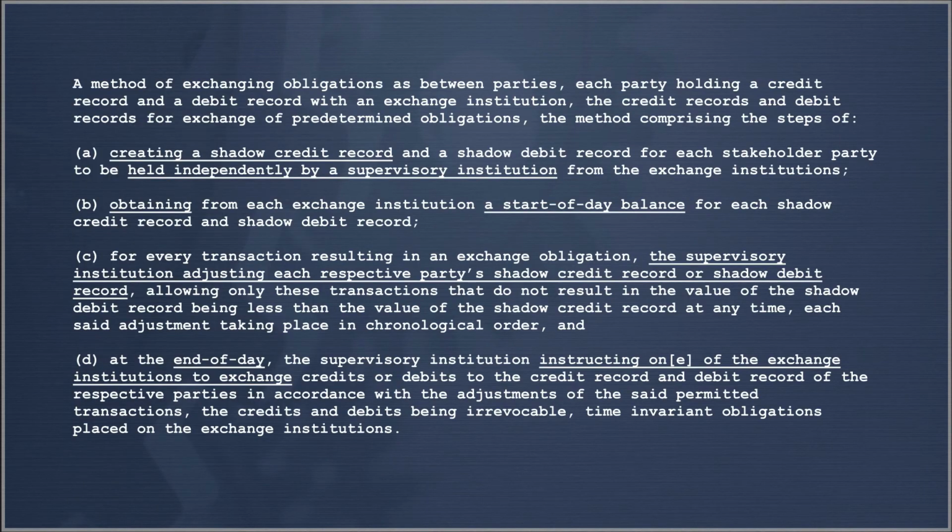The claim, which is shown here in Alice versus CLS Bank, is generally directed to solve the problem of counterparty risk, of the idea that in a financial trading system, there's the risk that people you trade with might not make good on their end of the deal, right? You might make a deal with somebody and they don't end up paying you the money, or they don't end up delivering the shares, whatever it is.